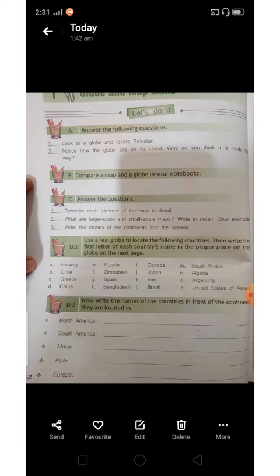Okay. So the third question is write the names of the continents and the oceans. It is very easy. On page number 10 we have 7 continents names and 5 ocean names, so you can write it very easily. Hope you can understand this lecture and chapter number 2 and 3 of globe and map skills, and this is your task. So you have to complete all the question answers.